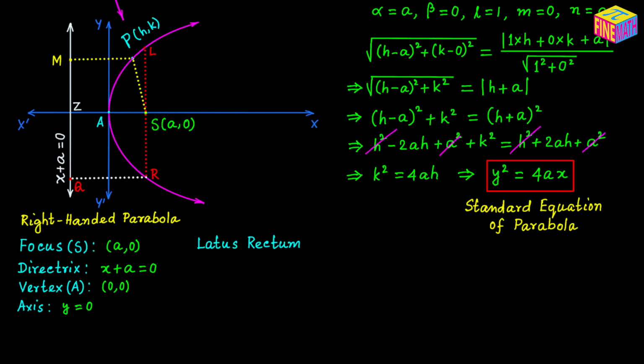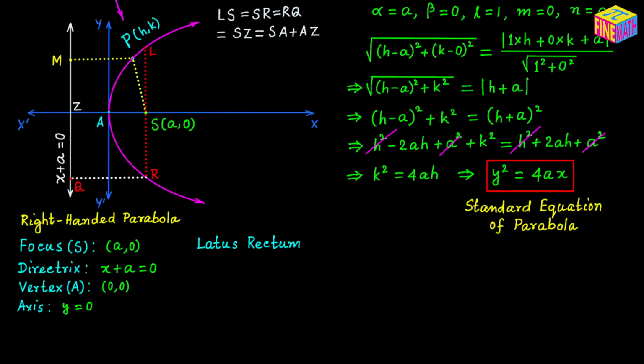Since the axis is the axis of symmetry for a curve like parabola, we can say that LS will be equal to SR. These two distances will be equal, and that will also be equal to the length of RQ, because the distance of the point R on the parabola from the focus will be equal to its distance from the directrix. So we can say LS is equal to SR, which is also equal to RQ, and that will be same as SG or SZ.